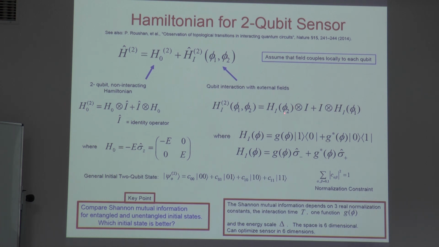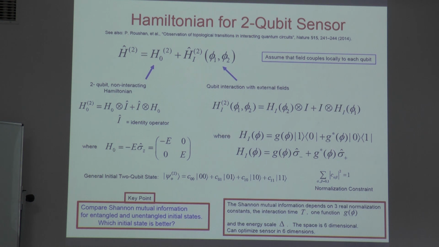You can write that down as the original one qubit interaction Hamiltonian at position 2, tensored with the identity, plus the identity tensored with the Hamiltonian at position 1. You add these up, and this is just the one qubit interaction we saw previously. You add them all up, and the wave function now looks like this with these constants, and it's got to be normalized.